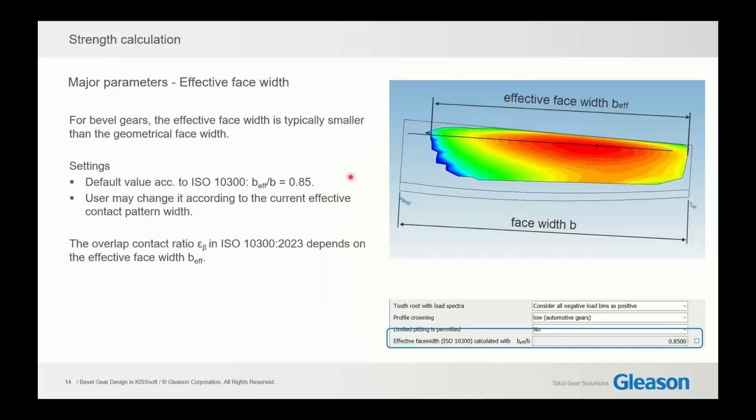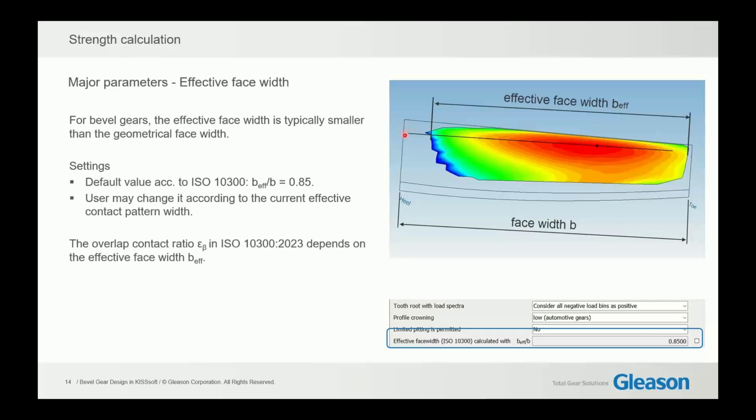In the following, I would like to comment on some parameters which are specific to bevel gears, to give you an impression of how specific the bevel gear standards are compared to cylindrical gears. One point is the effective face width.